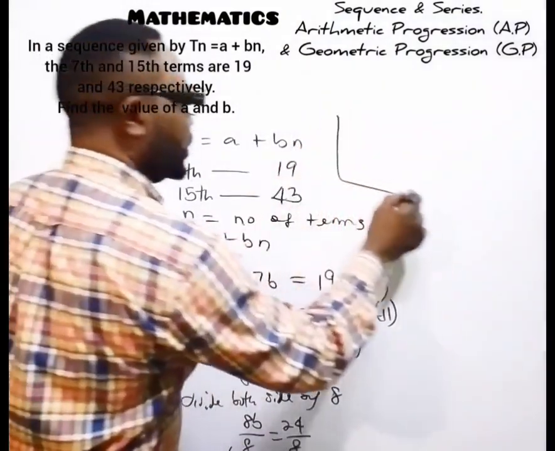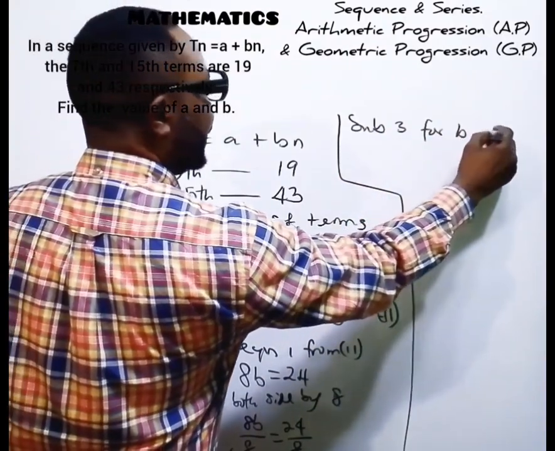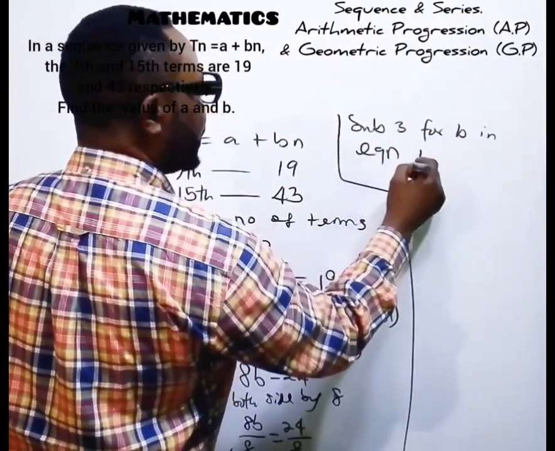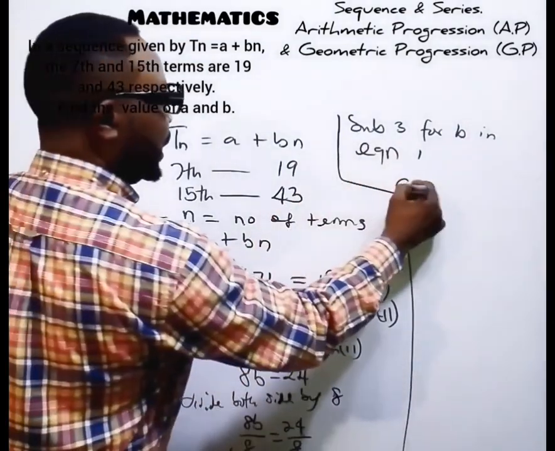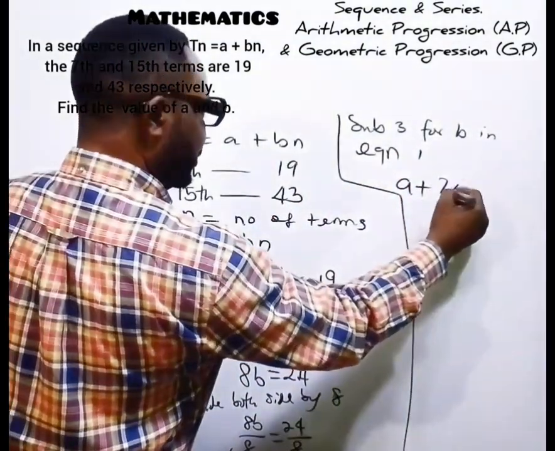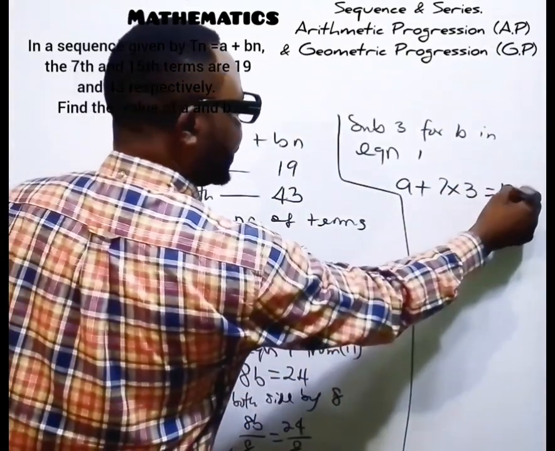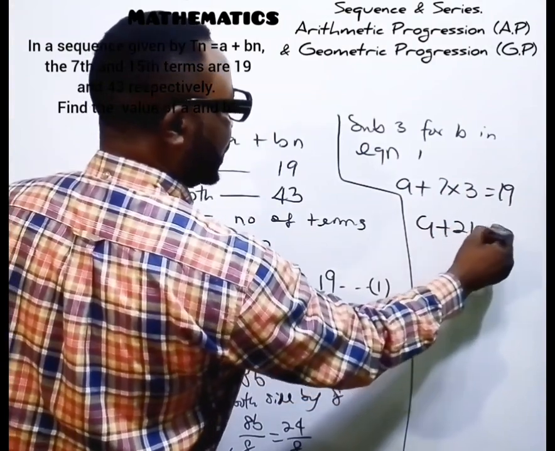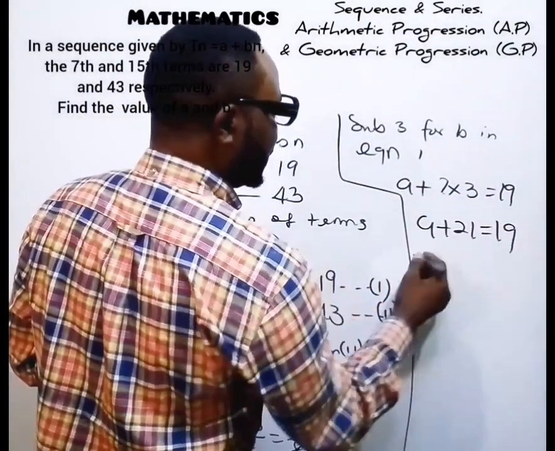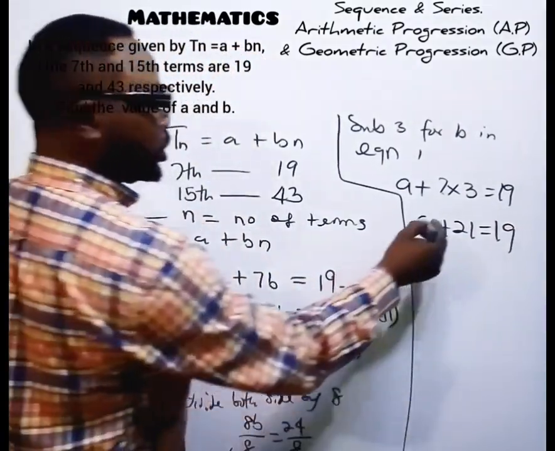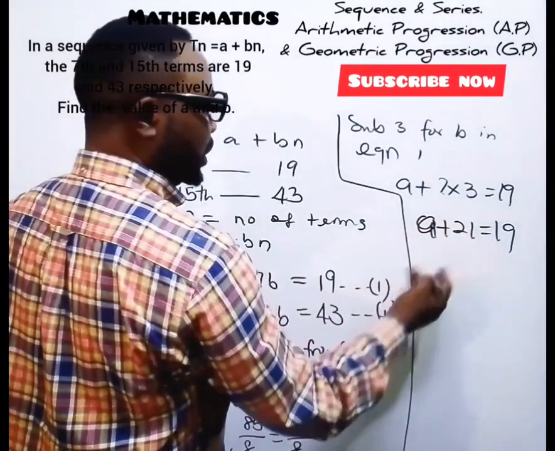So substitute 3 for b in equation 1. Whenever I see b, I put 3 there. A plus 7 multiplied by 3 is equal to 19. So you have a plus 21, since 7 times 3 is 21, equal to 19. So what we do here is subtract 21 from both sides in order to eliminate this 21 as well.